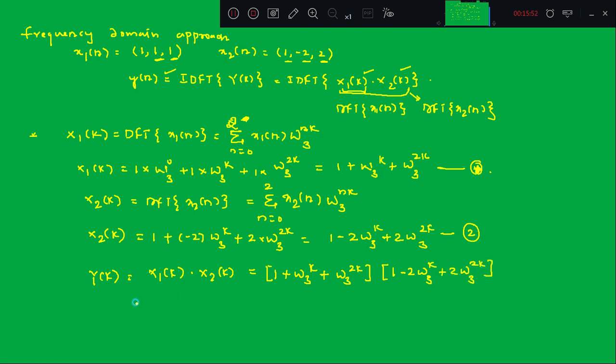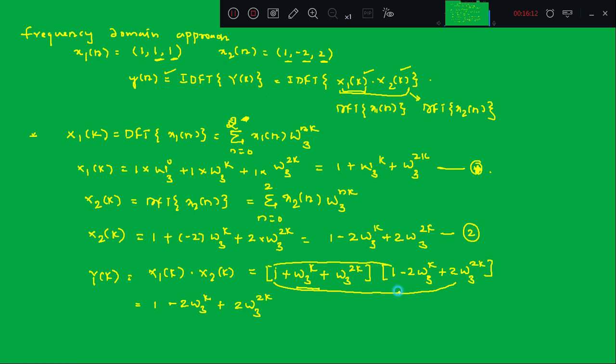Multiply these two. So 1 into 1 is 1. 1 into minus 2 W3^k is minus 2 W3^k. Next plus this into this, 2 times W3^2k.